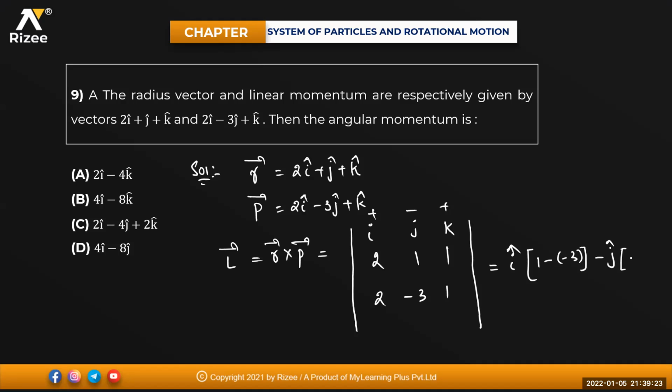Then cross multiply this one. 2 into 1 is nothing but 2, minus 2, plus k cap into minus 6 minus 2. So how much will I be getting, beta? Minus minus plus. That means this will be equal to 4 i cap minus 8 k cap. j cap will become 0. 4 i cap minus 8 k cap. B will be the answer. Very good.